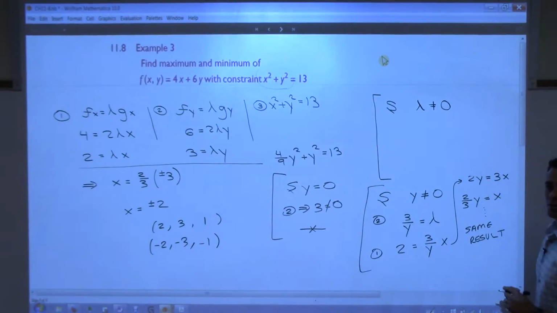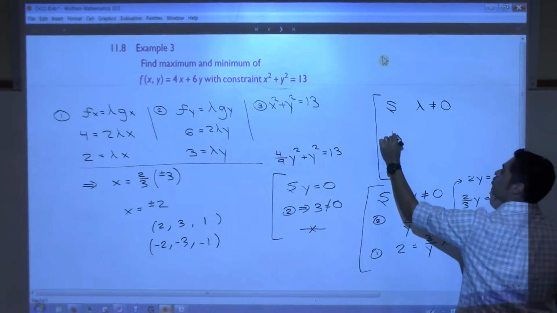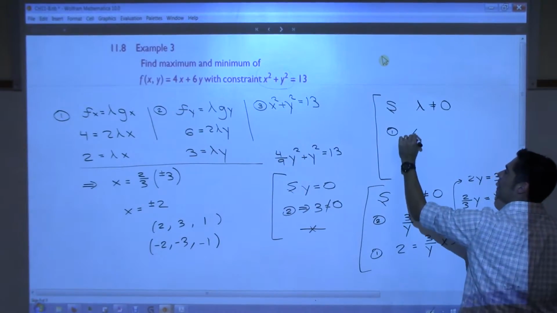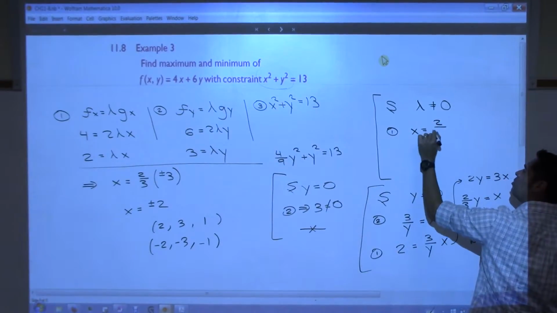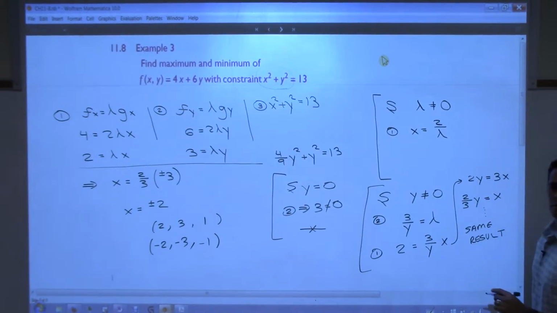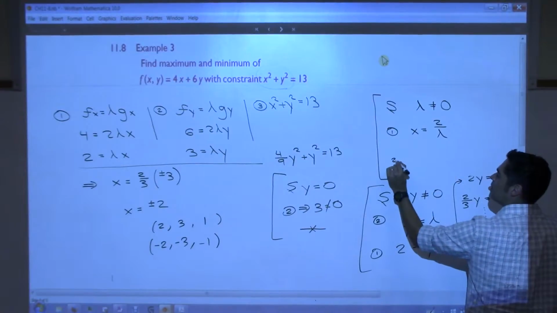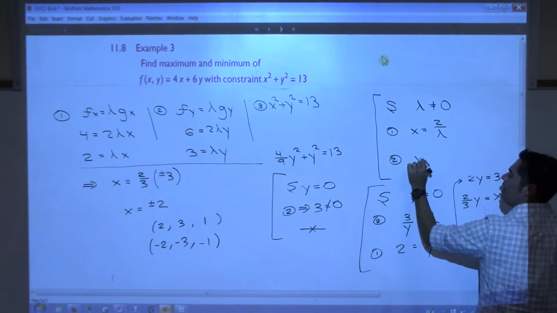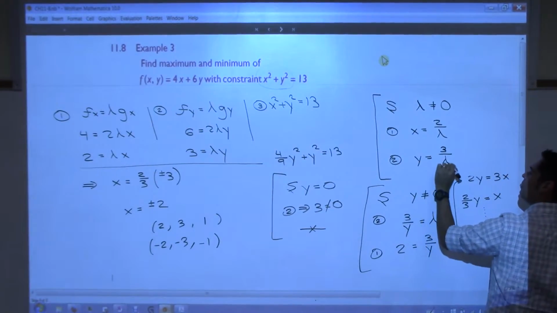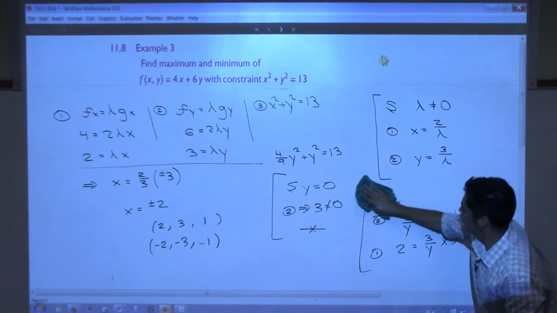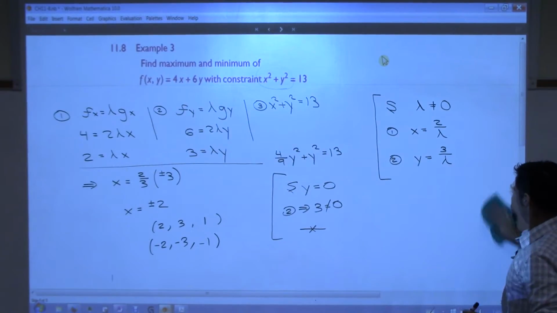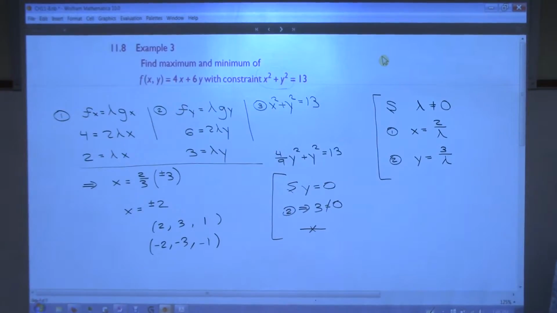All right? Suppose lambda is not 0. What would equation 1 tell us? x is 2 over lambda? Yes? What would equation 2 tell us? y is 3 over lambda. You with me?